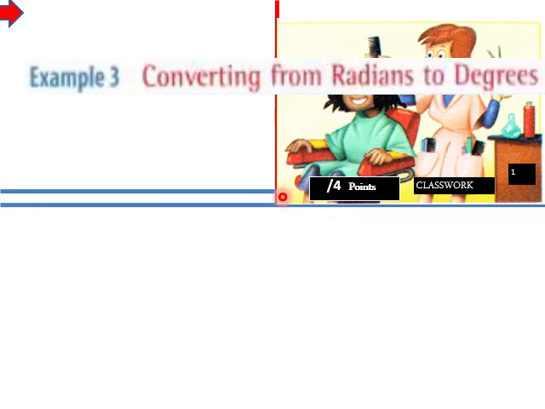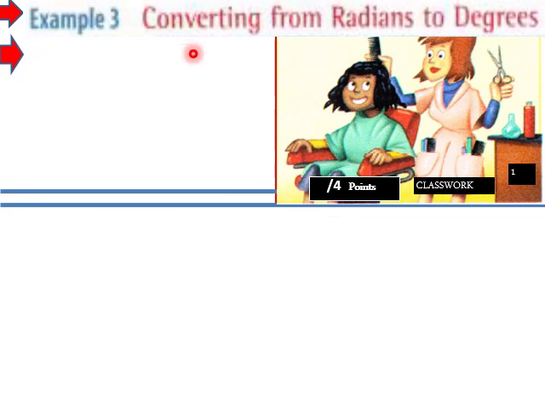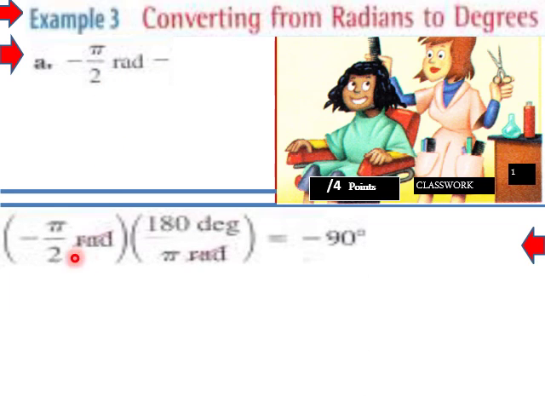Page 1 of our classwork, we go right into example 3, converting from radians to degrees. So -pi/2 radians equals how many degrees? So we use our conversion factor here. We multiply -pi/2 radians times 180 degrees over pi radians, and we get -90 degrees. So we multiply by 180 over pi.